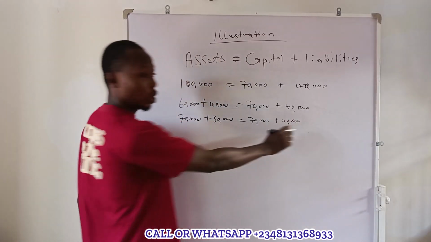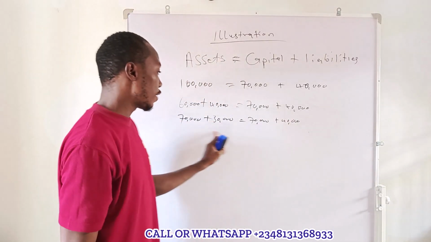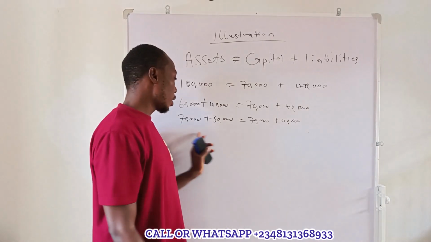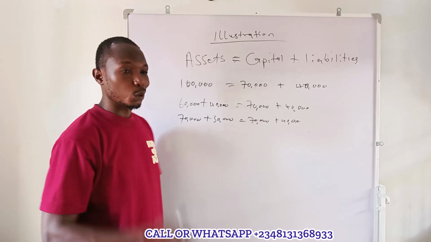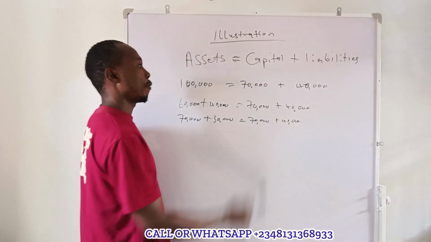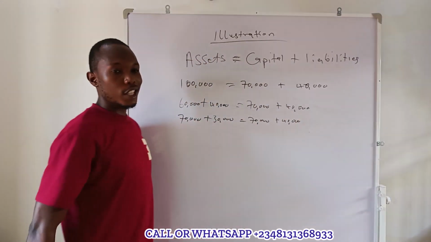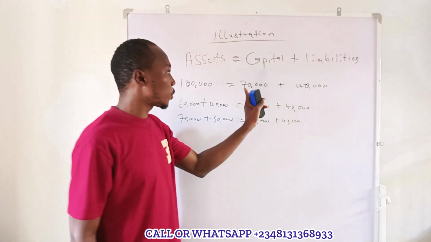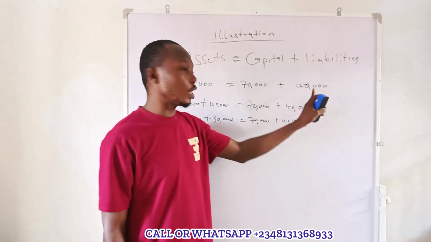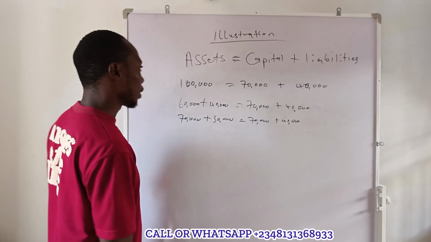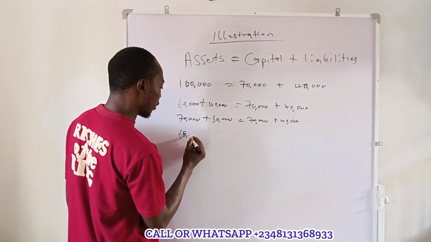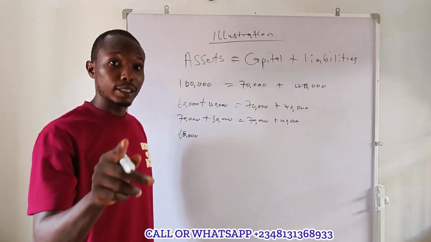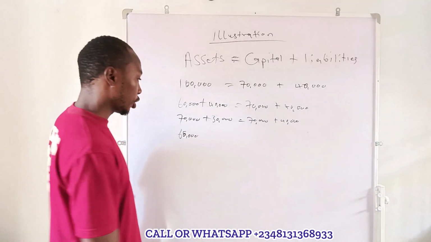So this is still giving us 110,000, while here is giving us 100,000. The third option is probably from both sides. It's either we undershoot here by 5,000 and also undershoot here by 5,000. And how is that? The 70,000 here is recorded as 65,000 for the plant and equipment, the furniture and fittings, right?